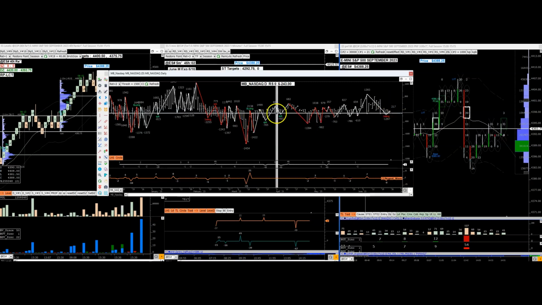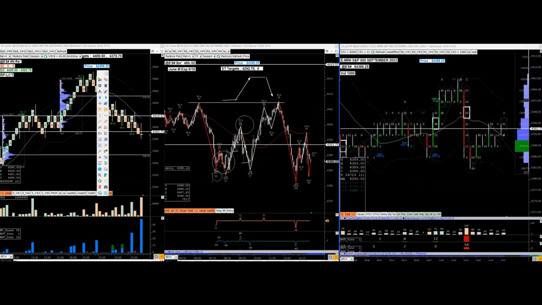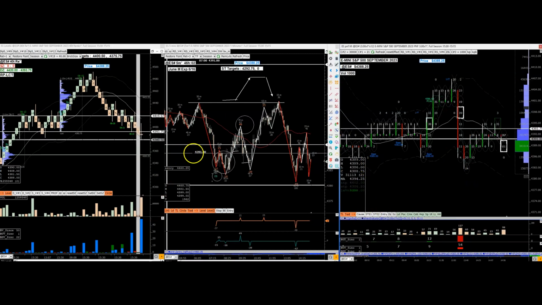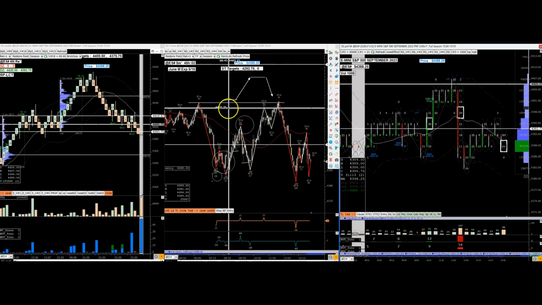If this pullback hits a springboard, whatever, right here, I think it's going to go lower. Okay. So we're done with the accumulation here.